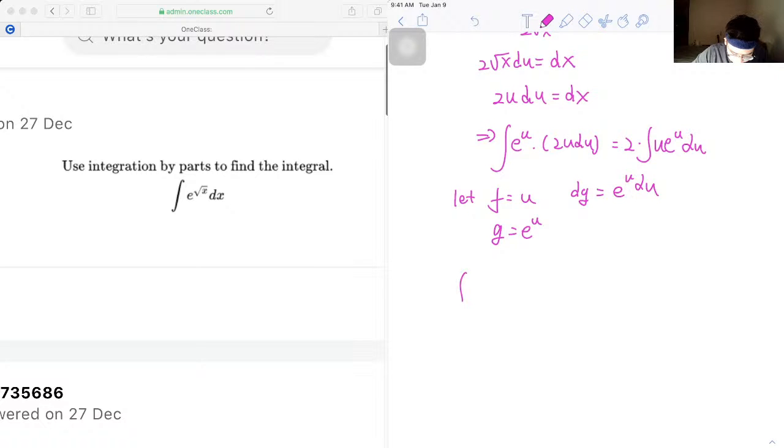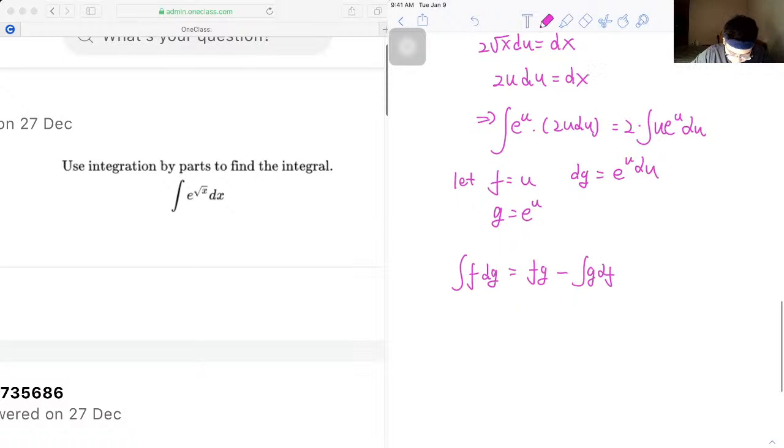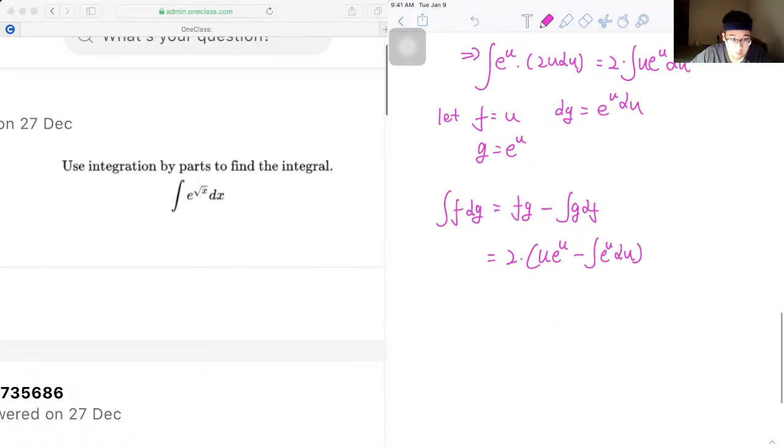We will have the integral of f dg is equal to fg minus the integral of g df, which will give us 2 times u e to the exponent of u minus the integral of e to the exponent of u du, which is equal to 2 times e^u (u minus 1) plus c.